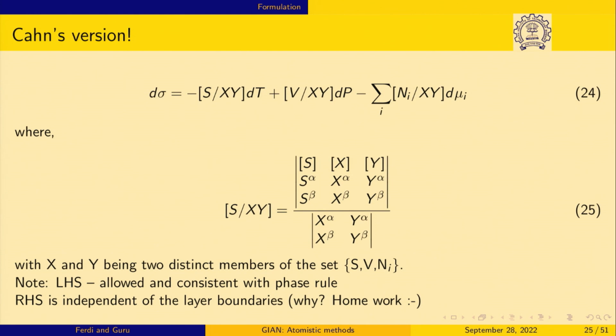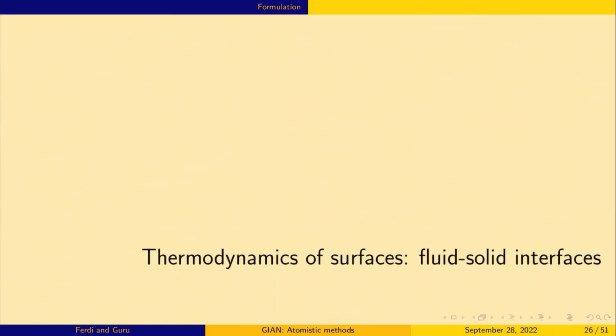Okay. So, this is consistent with the phase rule because you are changing P and mu in such a way that you will still lie on the same plane, and so you can evaluate d sigma with respect to dT, for example. Okay. So, this is the version of Kahn.